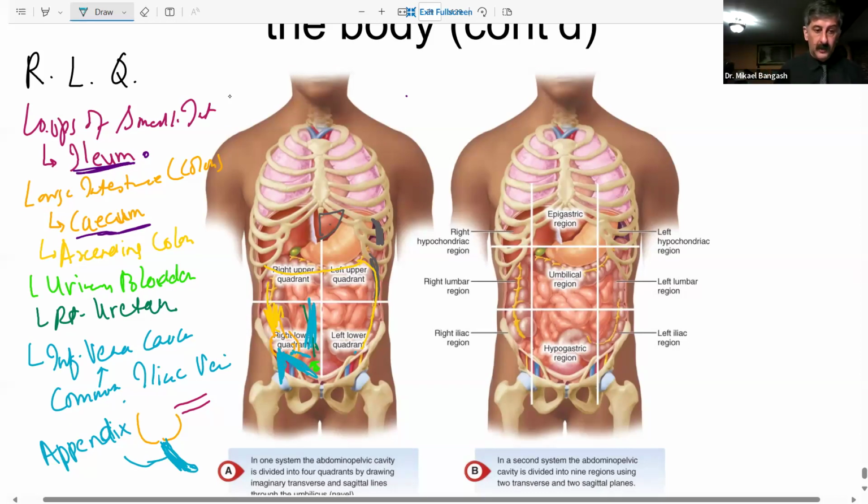And there's no left equivalent to that. So there's only one appendix found normally in the right lower quadrant. Did you guys get that?